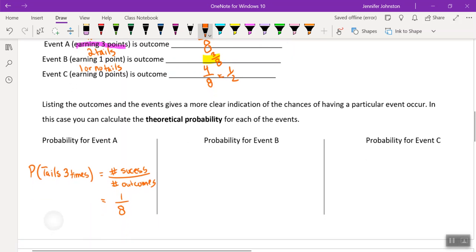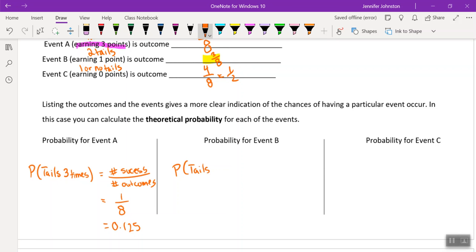Or you can calculate this as 1 divided by 8, which is 0.125. Again, we're seeing that we have fractions here. There are no whole numbers.